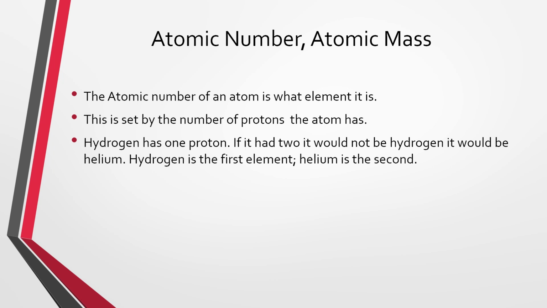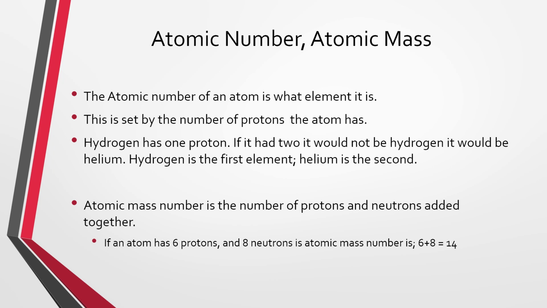So the element number, what determines what element it is, is the number of protons that an atom contains. The atomic mass number is the number of protons and neutrons added together. For example, if an atom has 6 protons and 8 neutrons, the atomic mass number is 6 plus 8, which is 14. And this element would actually be something known as carbon-14, which is used for radioactive dating.